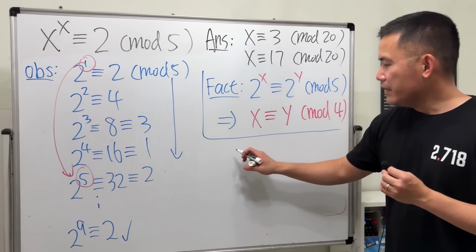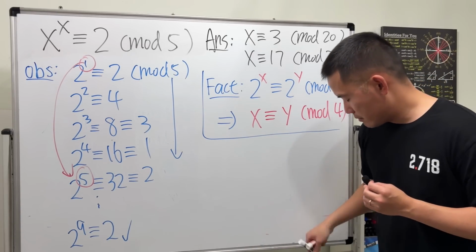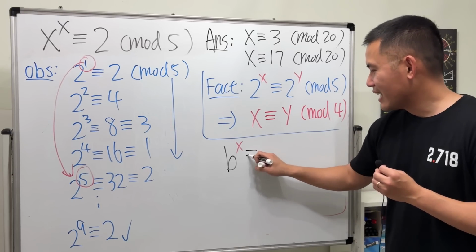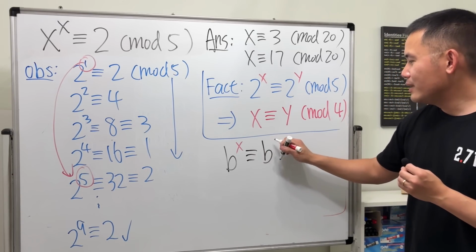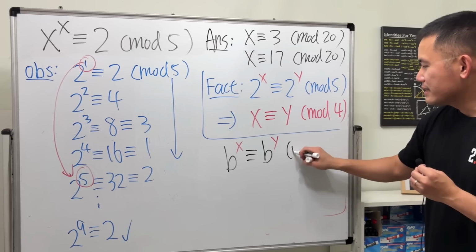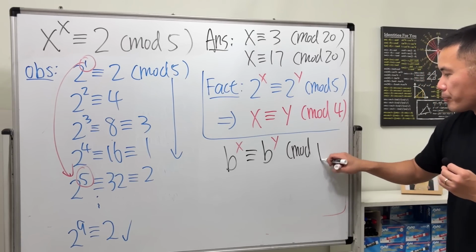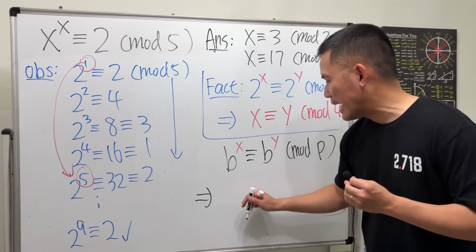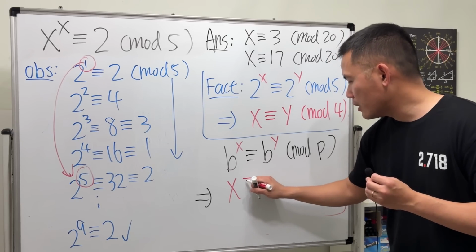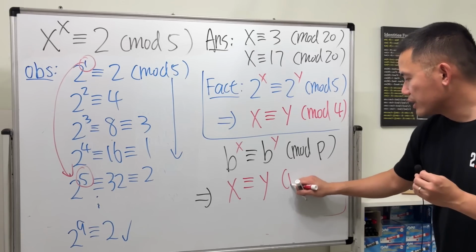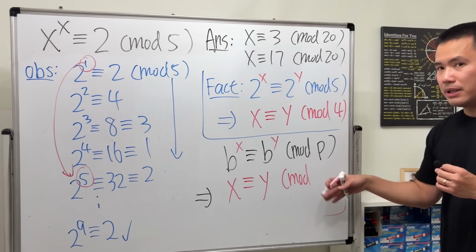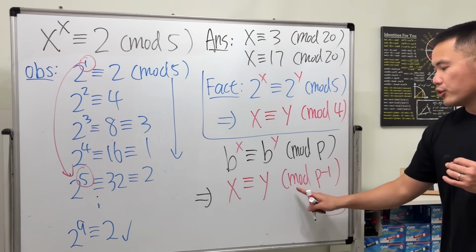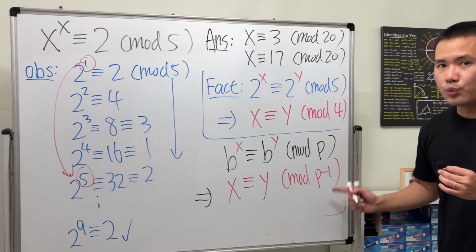If you have some base b raised to the x power, it's congruent to base b raised to the y power, mod a prime number p, this implies that x has to be congruent to y, mod p minus 1. You can play around with this, test things out, make some observations.